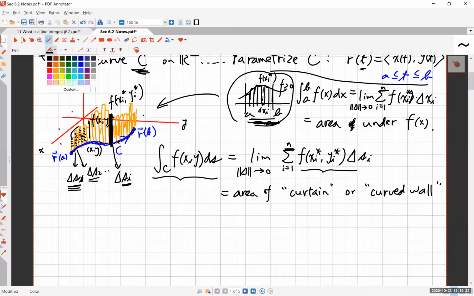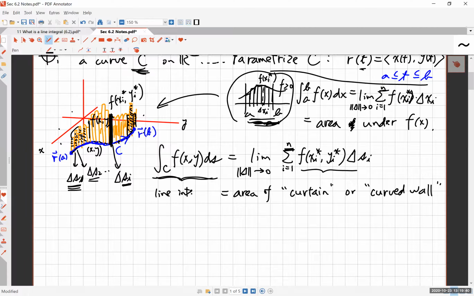In the analogy I used before, if you think of all of these as consisting of a bunch of small, tiny Lego pieces, basically this would be the total number of Lego pieces standing on the curve C. So that's what the line integral represents.